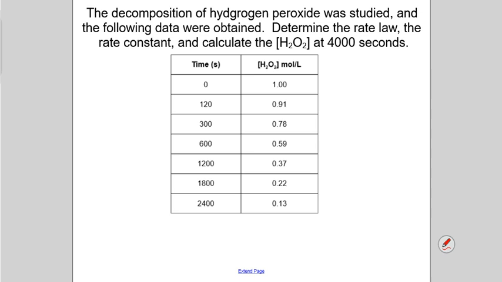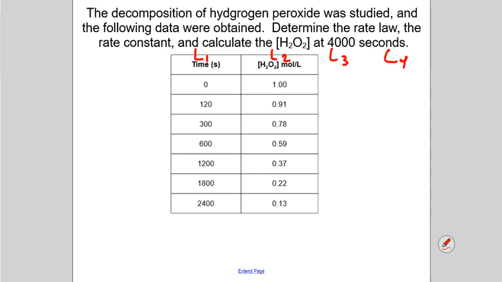To use your graphing calculator to figure out what order this whole thing is, you have list functions, so you just need to make list 1 your time and list 2 your concentrations. In class, we will probably show you how to do this, but list 3 and list 4 you'll leave blank to begin with.